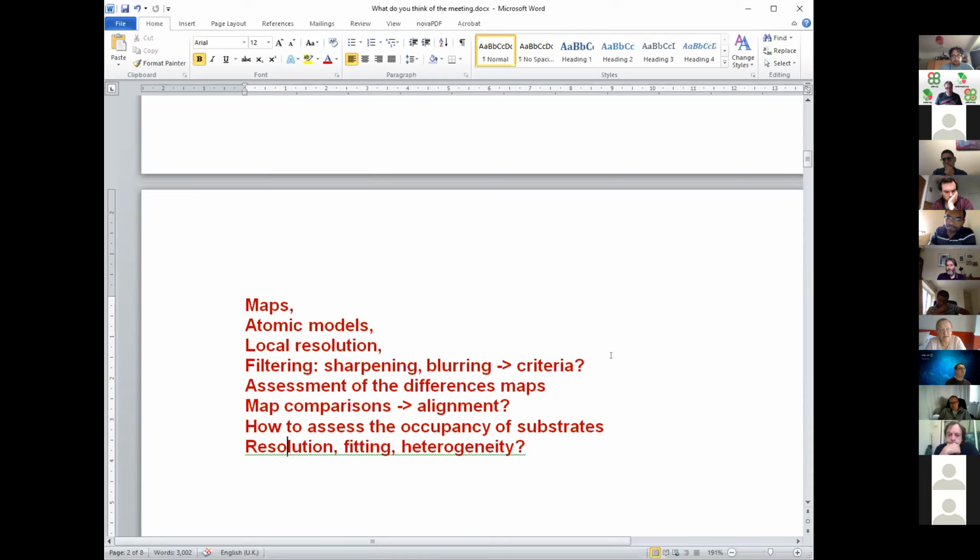Because knowing this guy, he's really keen to do high resolution. He honestly claimed that his resolution was only between 3.5 and 4 angstrom. That's not such a great, exciting resolution nowadays.